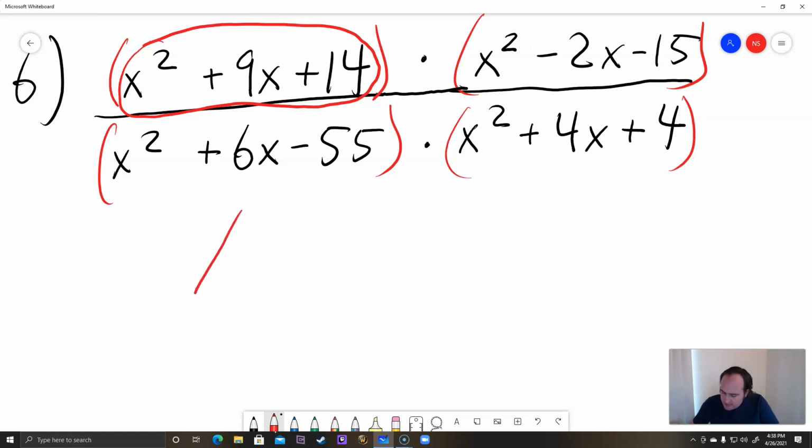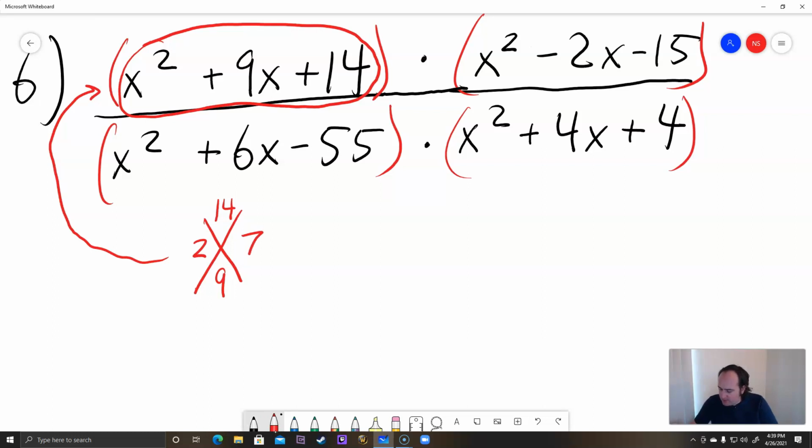On the top of the x we're going to have a 14, and on the bottom we're going to have a 9. So that one is going to factor as, let's see, 2 times 7 is 14, but 2 plus 7 is 9. So the numbers are going to be 2 and 7.